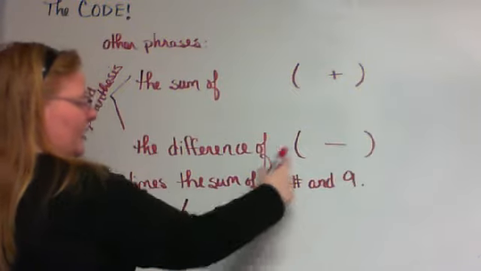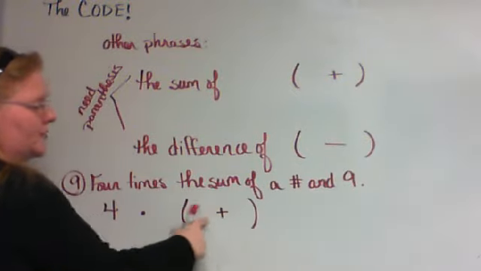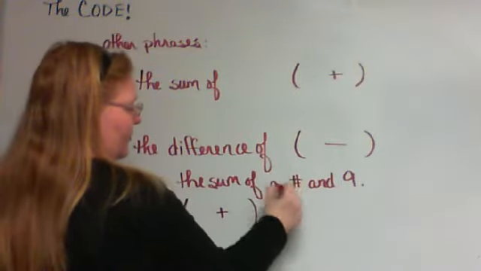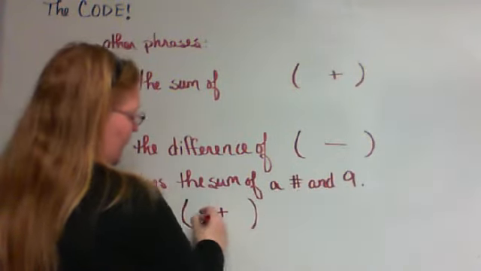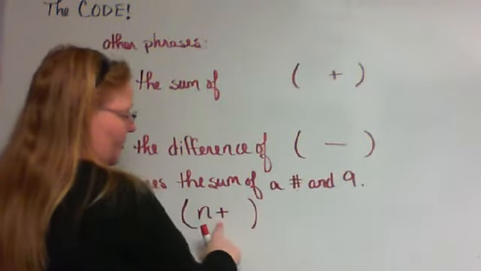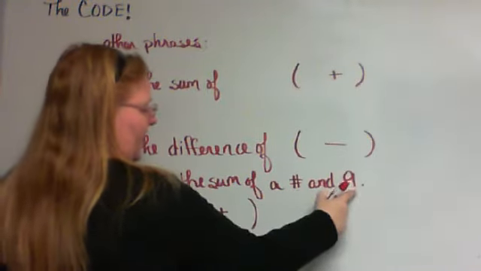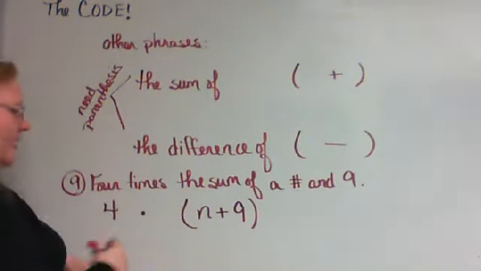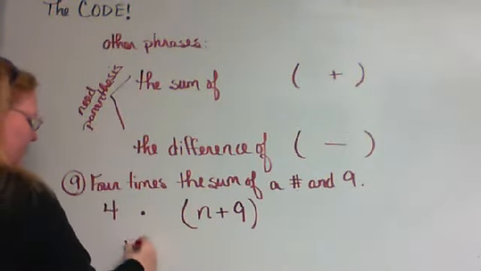And then the stuff behind that tells me what goes inside of my parentheses. So my first number, which we decided was going to be n because that's my number, and tells me where my plus is going to be. And then the 9 tells me what the last number is. And then I just squish it together.